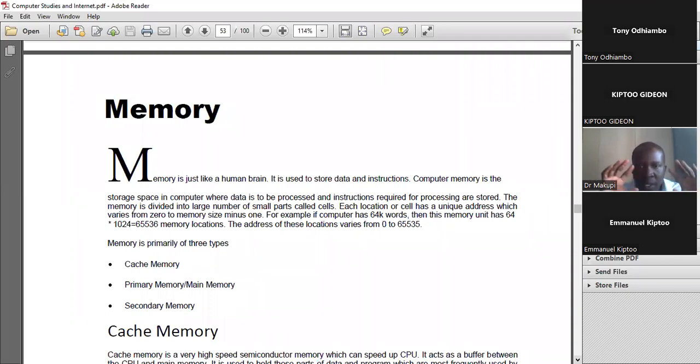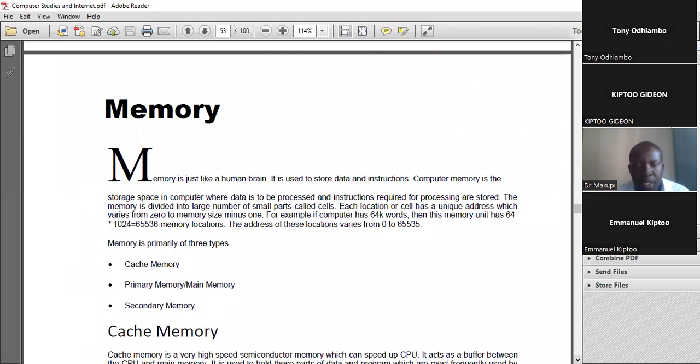Now, since we've understood that any memory is sectioned into cells, you need to understand the functioning of these cells, which are known as address locations. Whatever the size of the memory, it will have a comparable number of sections or cells. For us to compute the number of memory locations, each location or cell has a unique address, which varies from 0 to memory size -1.